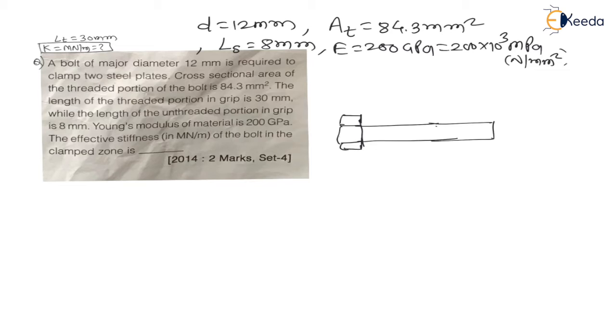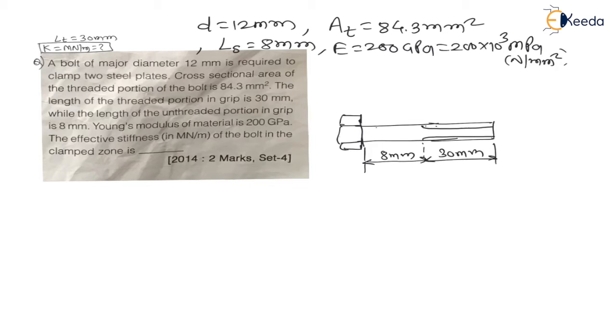Now up to this point it is unthreaded, and after that it is threaded. Here you will find threads. The unthreaded portion is called shank. This portion is shank having length 8 mm, and this is the threaded portion having length 30 mm.